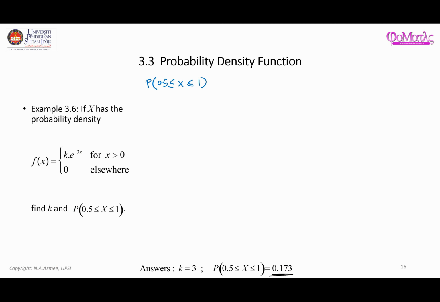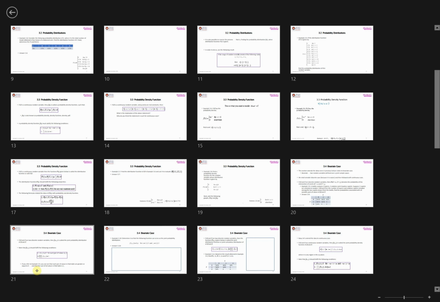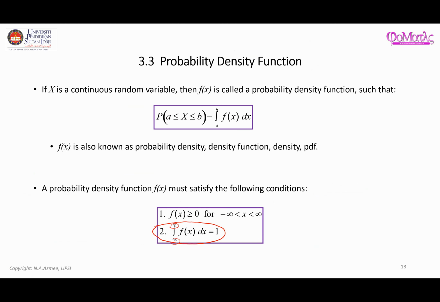In order to find the probability of x between a and b, we have to integrate the probability density function with lower limit a and upper limit b. That's what we're going to do.